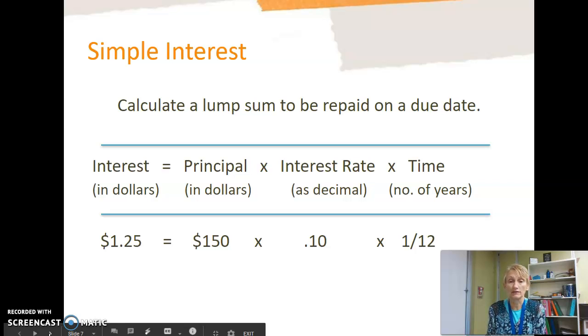So 10% becomes 0.10, and it's only 1 month, so it's only 1/12 of the year, because the 10% is for the whole year. So he's only paying $1.25 in interest.